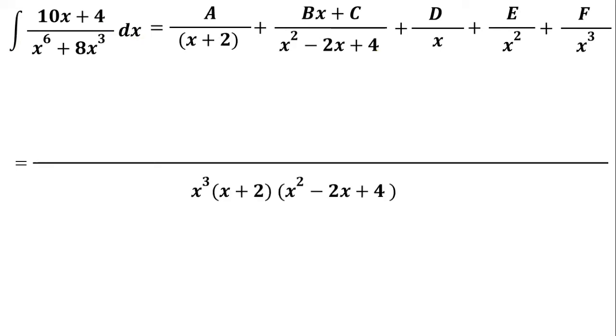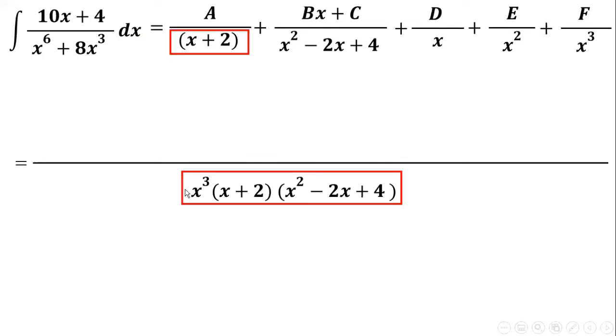And then we are going to compare every small denominator with the common denominator and then write the missing part. So here the missing part is x power 3 and the long bracket. So here we are going to write a times x power 3 times the bracket.